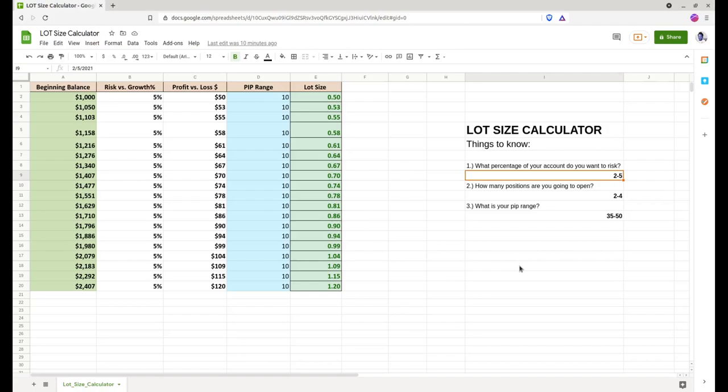But I wanted to stress this. It's very, very important. Let me hit this one more time and then we'll move on. At 5% of your account, and we're taking the 1,000 as an example, you would have to be exceptionally bad.